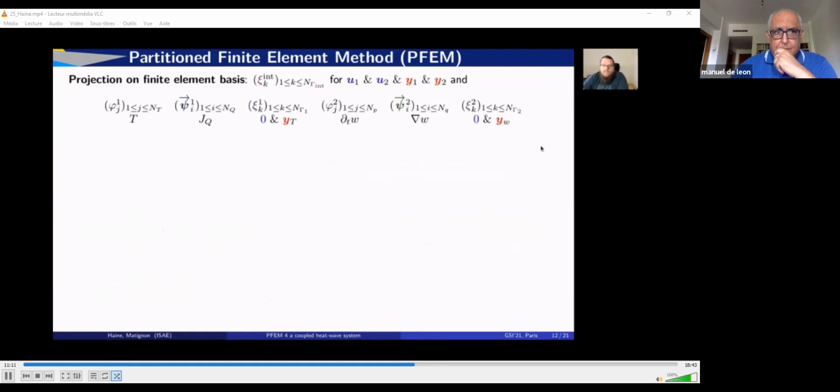Now we project our system on finite element bases. So Xi int will be the same for the two systems on the interface, and on the domain and the other part of the boundary, Gamma 1 and Gamma 2, each system will have its own finite element basis.